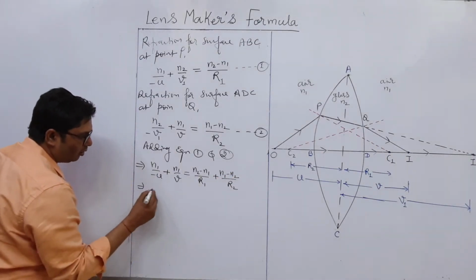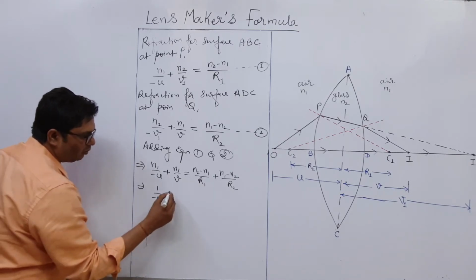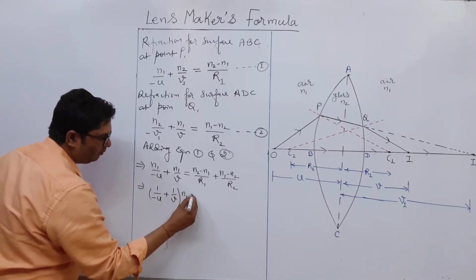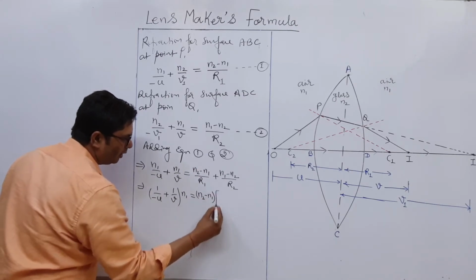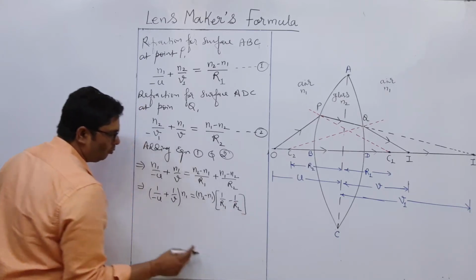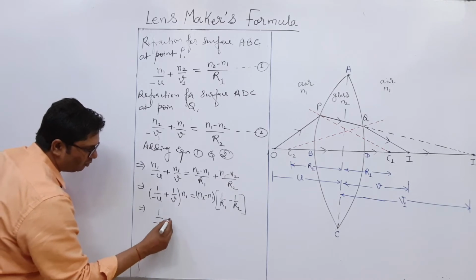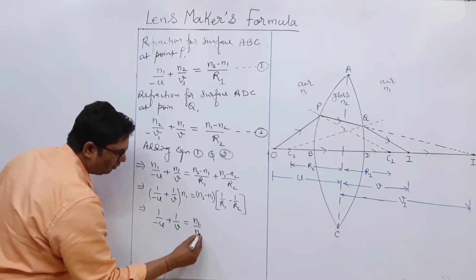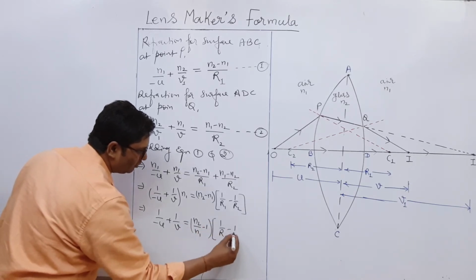Now take out the common term: 1 by minus U plus 1 by V, and the common term is N1. On the RHS, take out the common N2 minus N1, so under the bracket we have 1 by R1 minus 1 by R2. Move this N1 to the denominator side. We have 1 by minus U plus 1 by V is equal to N2 upon N1 minus 1, times 1 by R1 minus 1 by R2.